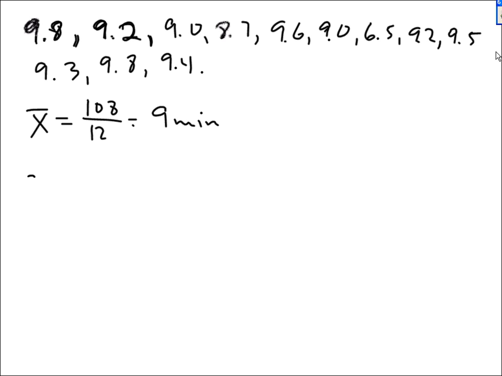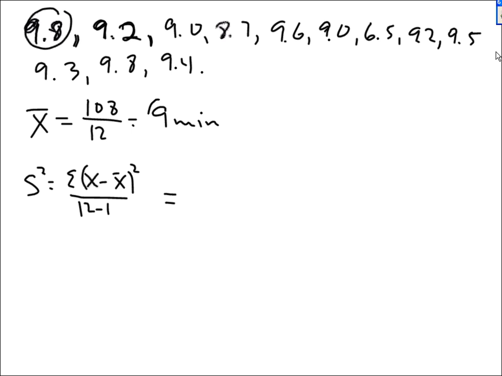Now, remember, the variance is the summation of x minus x bar squared, and then you divide by 11, 12 minus 1, which is 11. I mean, you can make up your table. You can do it in your head.